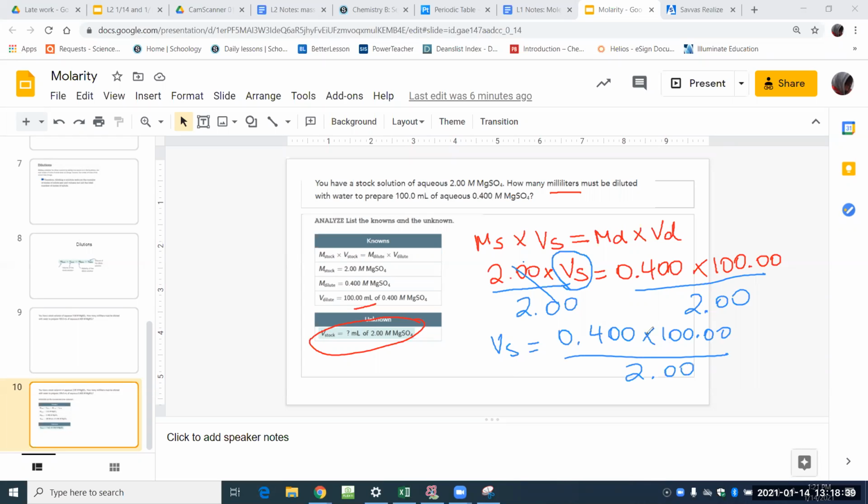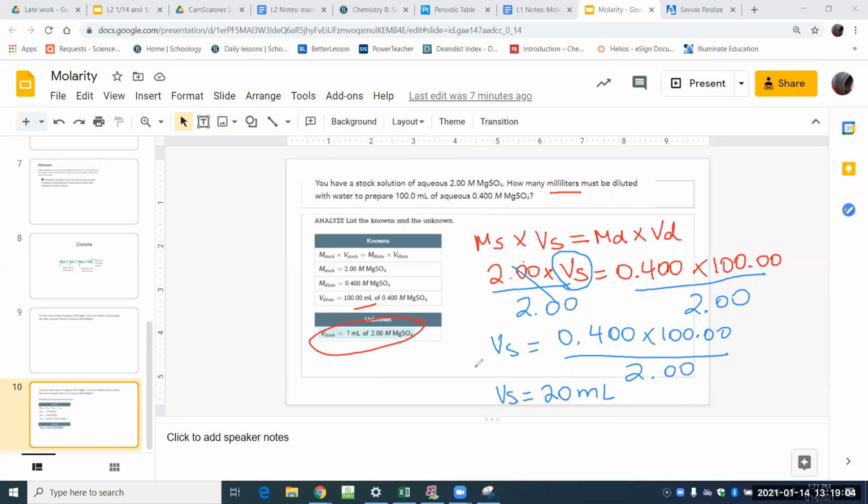If you put this in a calculator, you're going to end up with Vs equals 20 mLs. So that's how you would do it.